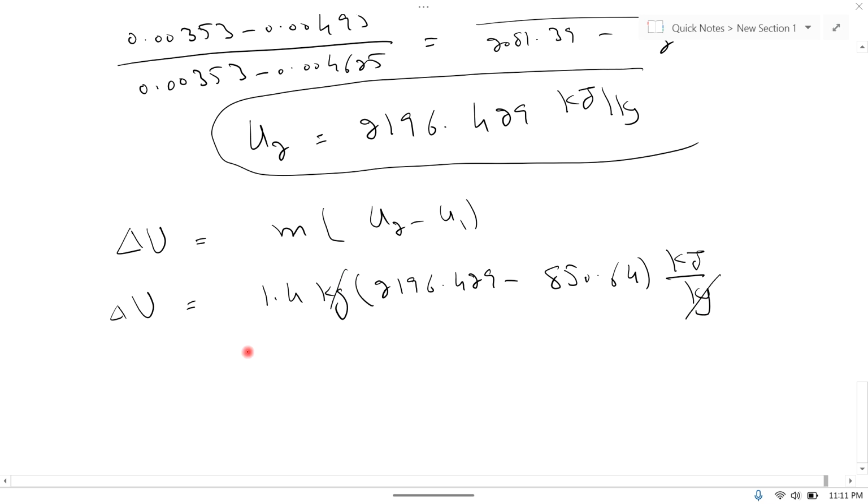Kilogram cancels with kilogram, and del U is equal to 1884.1 kilojoule. This is the end of the problem.